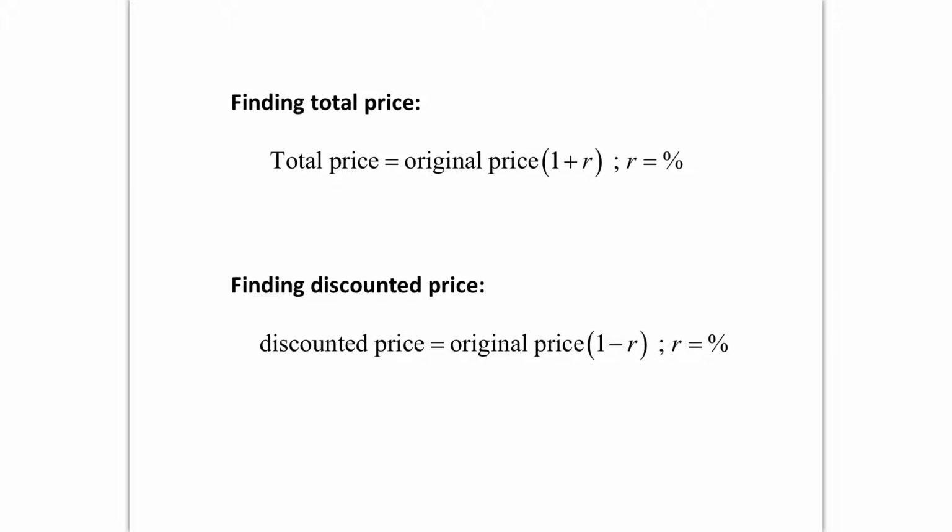Well, if we know that the price of an item, and this can be anything in the store where you guys go buy, and you know the original price is, let's just give an example, $19.99, and they do have sale tax. So when you go pay, you pay 8% sale tax. Well, you're not paying the $19.99, the original price, you're paying a little bit more. So what you have to do is to use the formula, you plug in the numbers, and then you guys will get the total value.